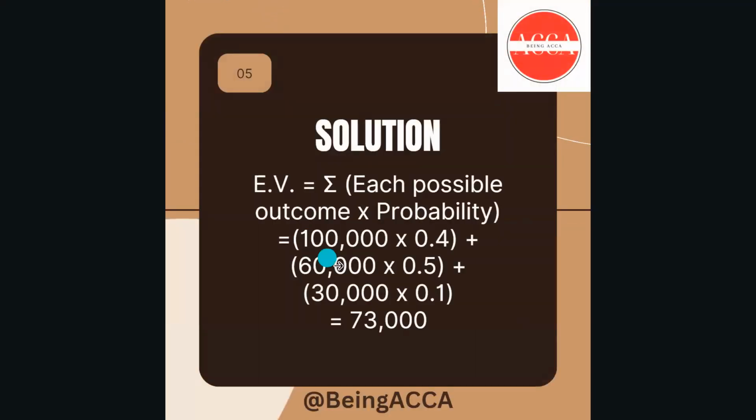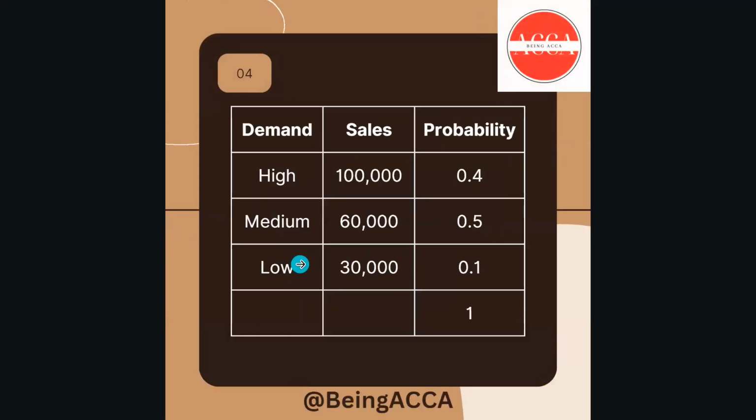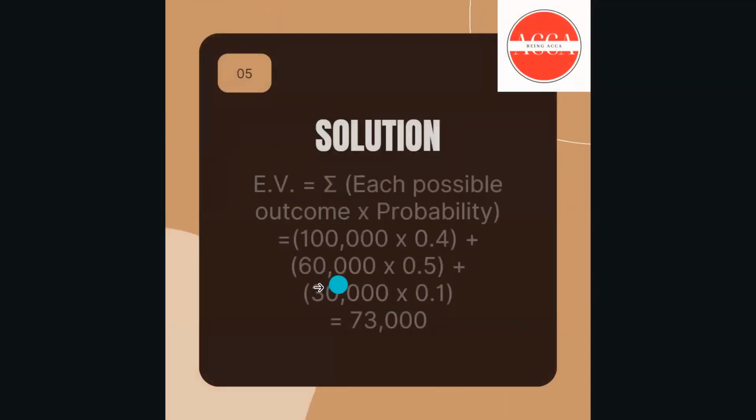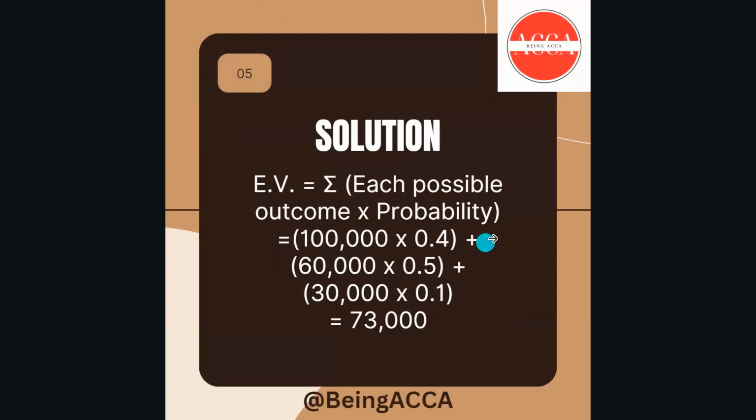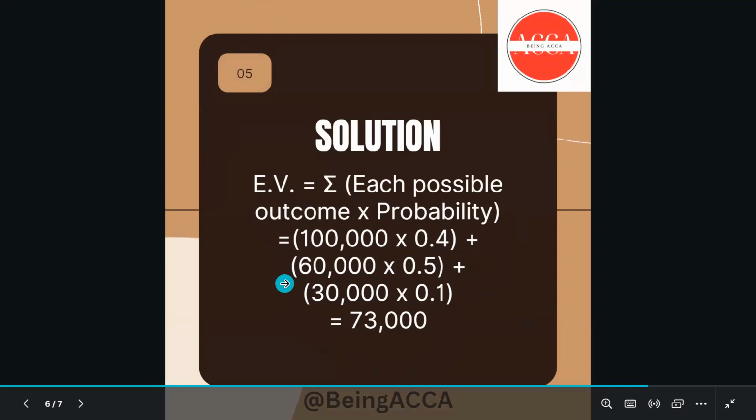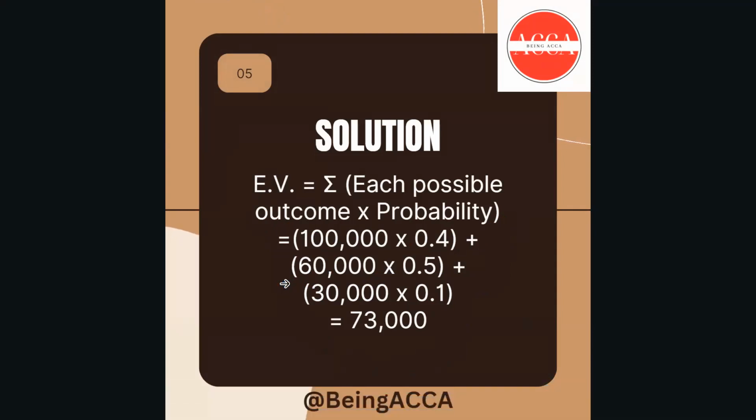This is exactly what has been written over here. And then $30,000 multiplied by 0.1, and if you add all of these together, you will get your expected value. That means the pizza seller can expect that his revenue will be around $73,000.